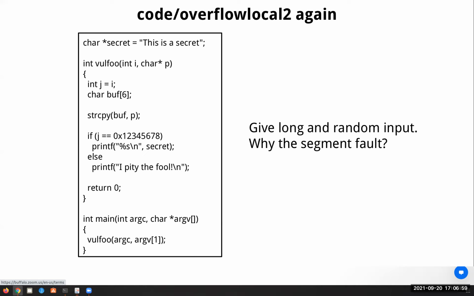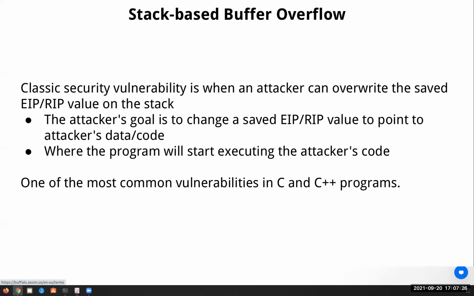But remember, we also tried to write several more bytes, more than what we needed to overwrite j. And what happened is we got a segmentation fault, right? So today we're going to look at why we get that segmentation fault and how we can turn it into something useful, not just generating a segmentation fault.